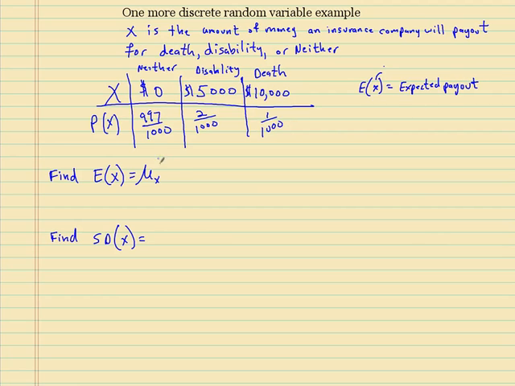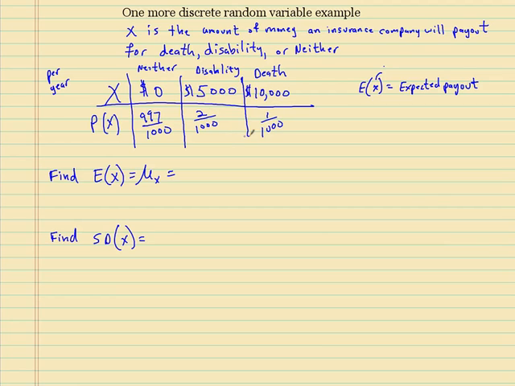If you're in my class. So what happens is this is an insurance company. They pay out money if somebody dies, if somebody gets disability, or they don't give anything out if neither happens. Let's say this is per year. They have actuaries that run these statistics.